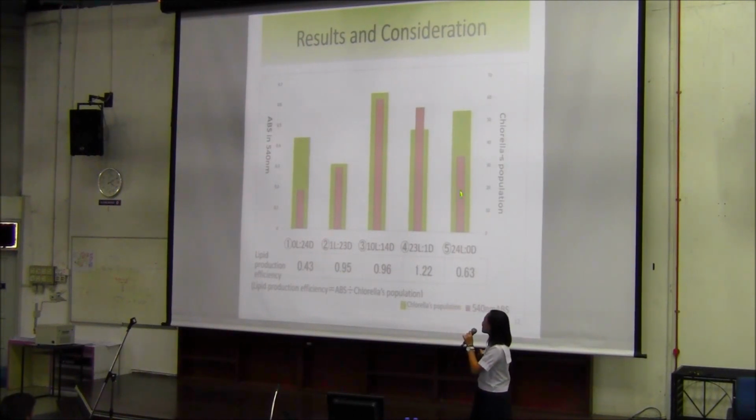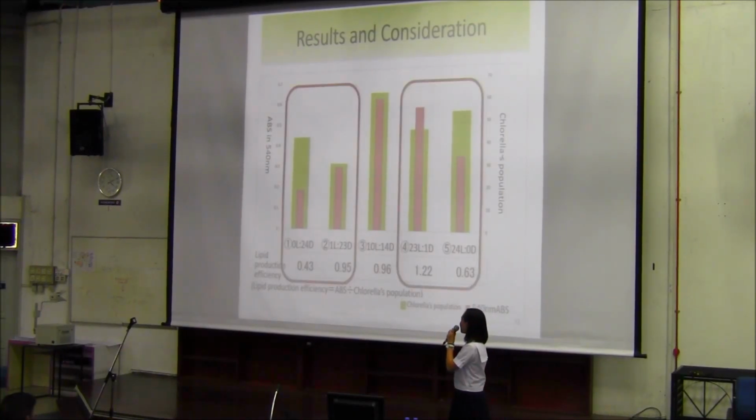This red bar is the absorbance, so this is the amount of lipid. And these numbers mean the lipid production efficiency. Look at graphs number 1 and 2, or 4 and 5. Number 2 and 4's lipid production efficiency is higher than number 1 and 5. Why did this happen?